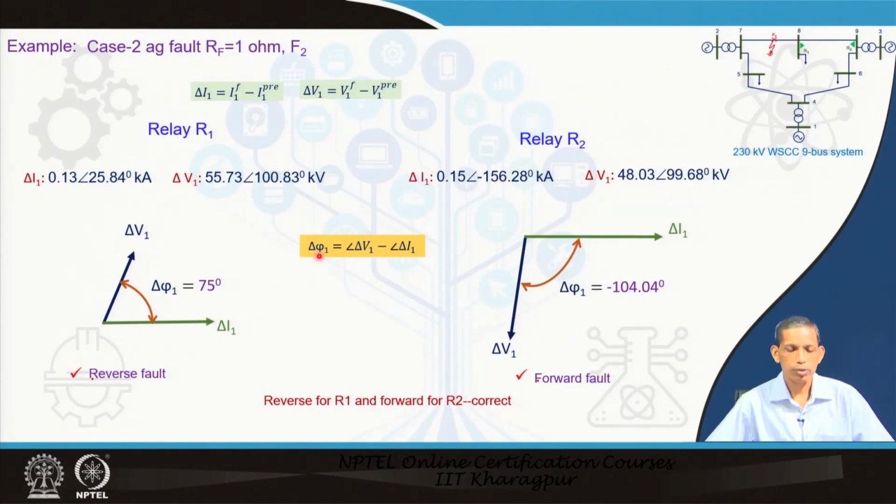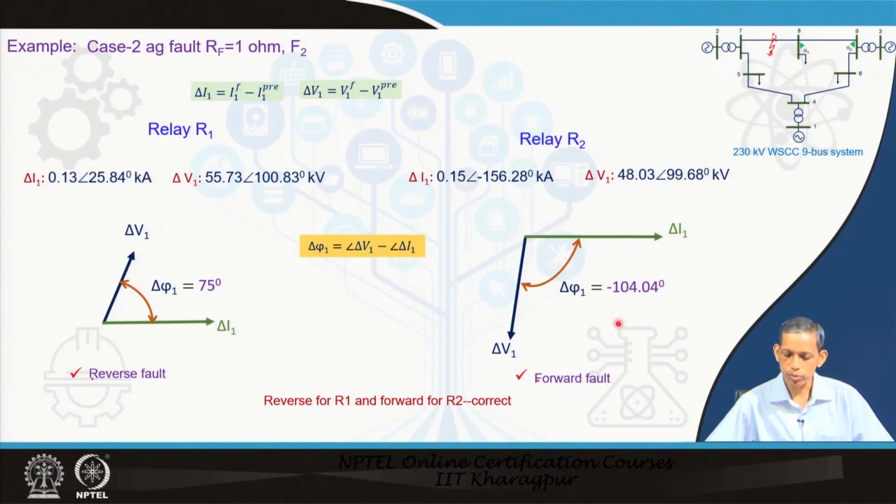Using the relations for the angle, delta phi 1 equals angle of delta V 1 minus angle of delta I 1, delta phi 1 equals 75 degree, which happens to be positive, meaning this is reverse fault. So, for R 1 this is reverse fault, which is correct, and consider for R 2 delta phi 1 equals minus 104.404 degree.